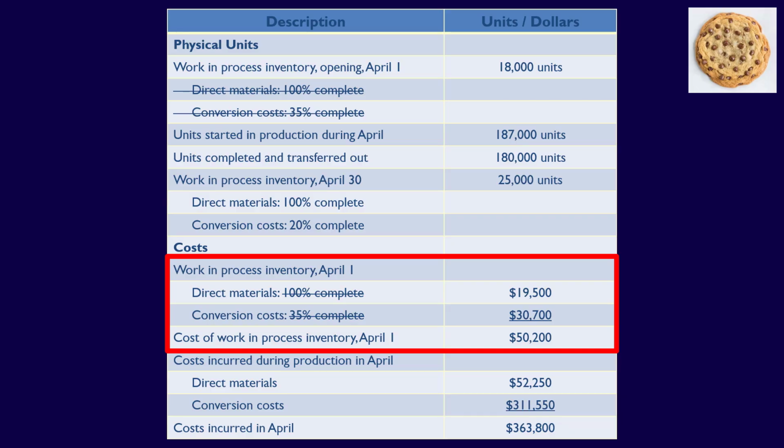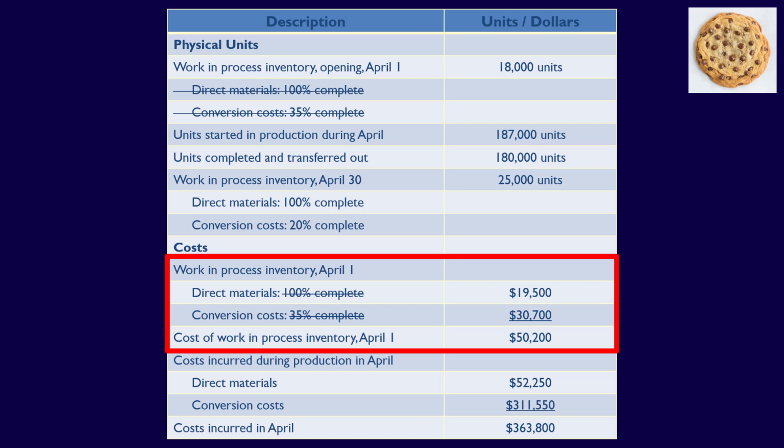We see from the question that direct materials were $19,500 and conversion costs were $30,700 for a total of $50,200 of costs. These are the costs which we incurred last period and were transferred over to this period as the costs incurred for the beginning or opening work in process inventory. Note again that we do not use the percentage complete for the weighted average method.